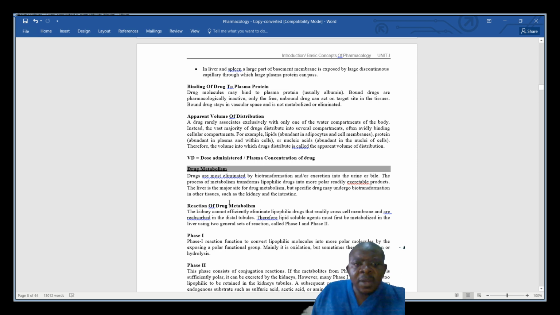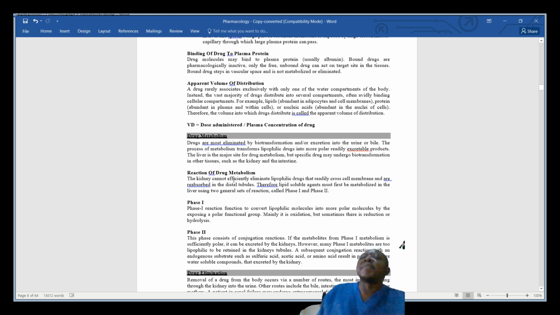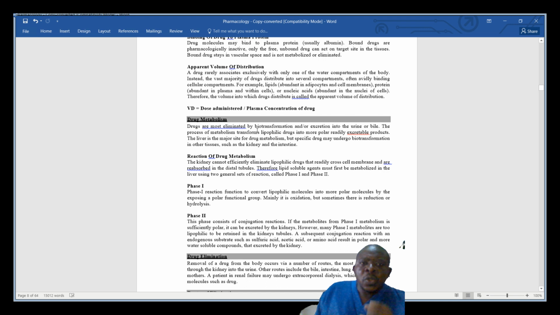Now, let us look at drug metabolism. Under pharmacokinetics, there is absorption, there is distribution, there is metabolism of the drug, then excretion. So now we are looking at drug metabolism. Drugs are mostly eliminated by biotransformation and/or excretion into the urine or bile.